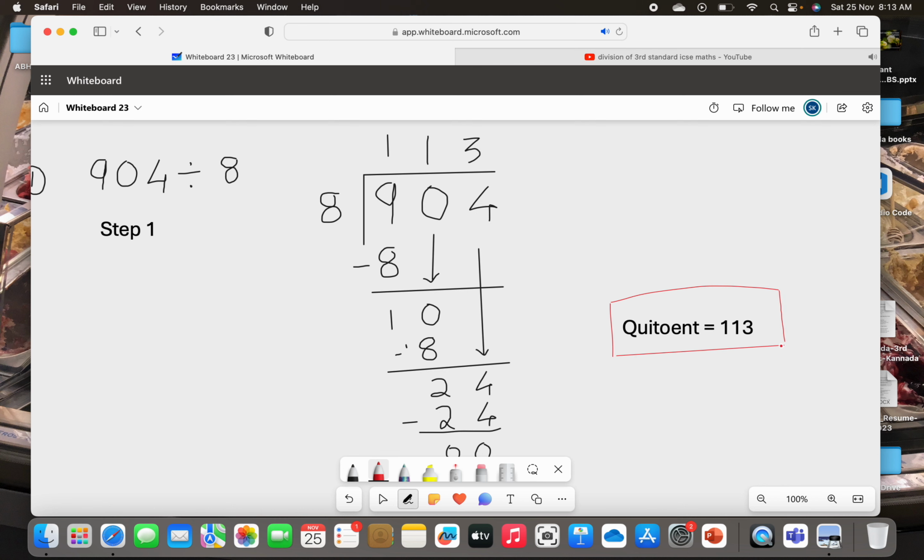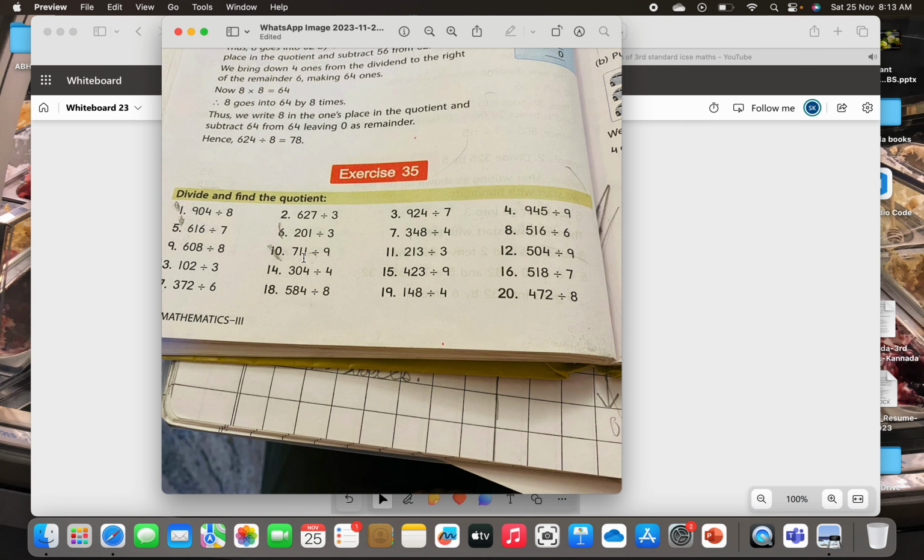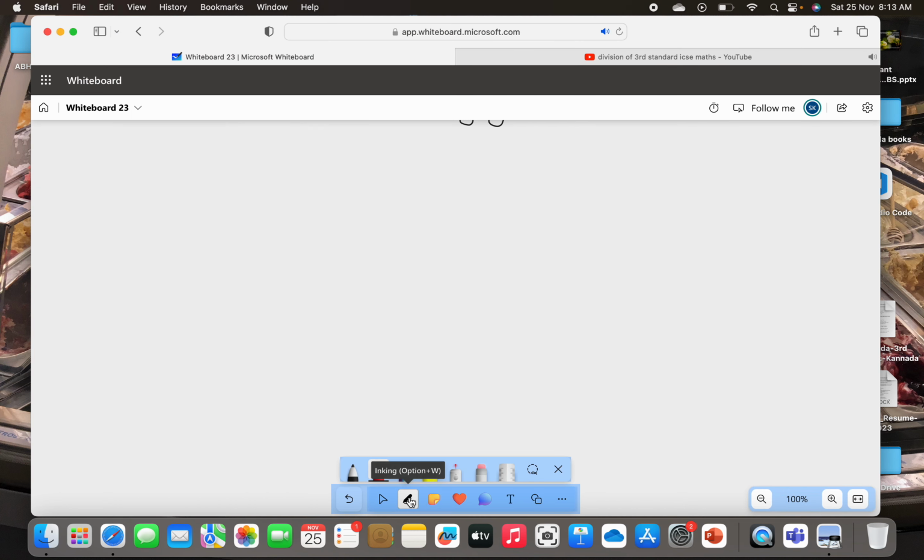All right. Now let's quickly go for the next problem, so that the more problems we do, it would be easy for you guys to understand. 627 divided by 3. What's the second problem, boys?